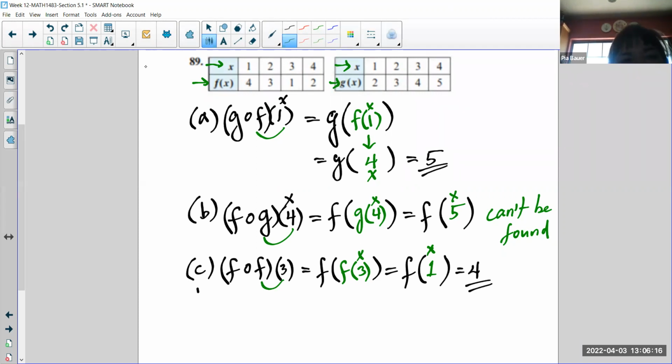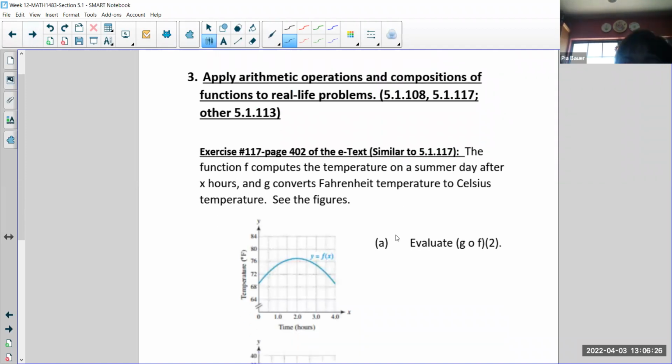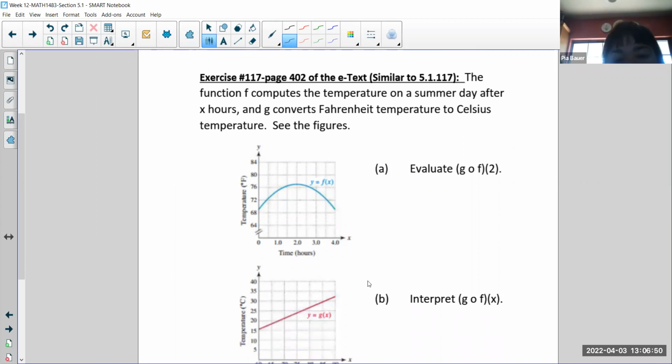Now, the last part of this section deals with word problems, and is looking at a graphical approach. And basically what is happening is we are looking at what are the temperatures after 1 hour, 2 hours, 3 hours. And that's what the function f of x does. It gives you the temperatures in Fahrenheit after 1 hour, 2 hours, 3 hours, and 4 hours.